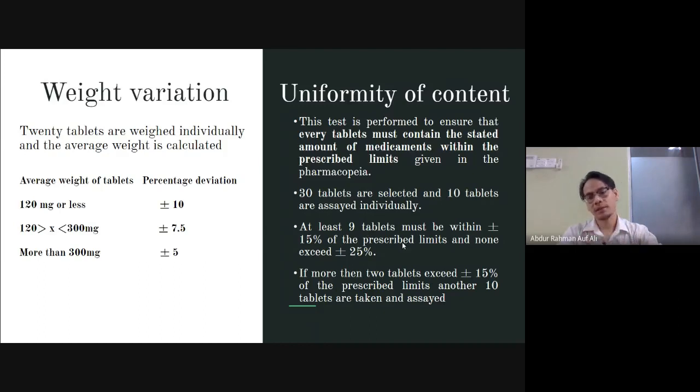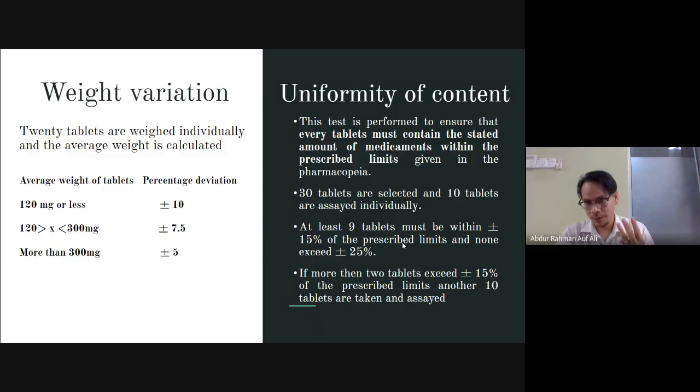So kalau 9 tablet dah menepati specification, menepati standard, maksudnya that batch pass the UOC test. Kalau dia fail, kalau 2 tablets tak menepati standard dia punya dose, maksudnya dia fail the test. So kena proceed with the second 10 tablets.